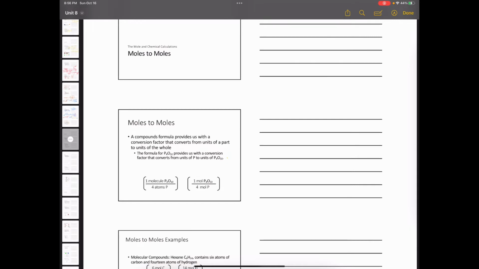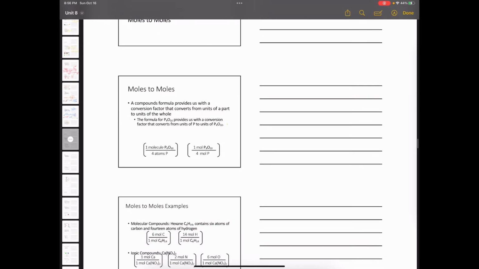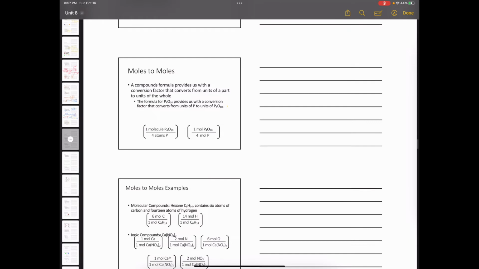Sometimes when it comes to moles to moles conversions, the subscript within the molecular formula actually helps us convert between units of the single atom, which is the part, to the units of the whole chemical formula itself. How does that work? We can use that as the moles to moles conversion.